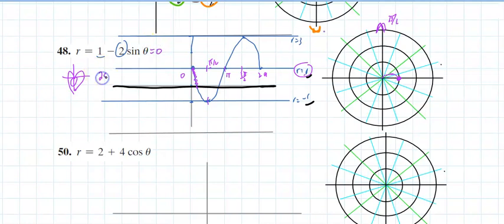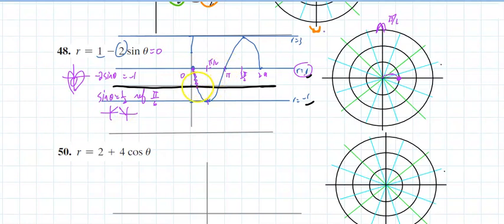That's when twice sine of theta equals -1. That's when sine of theta equals 1/2. Reference angle is pi over 6. And where's sine positive? Quadrant 1 and 2. Well, guess what?